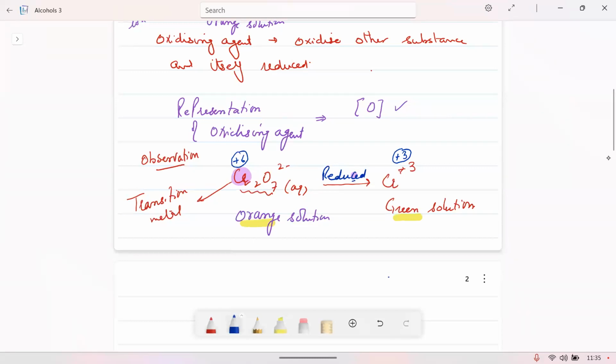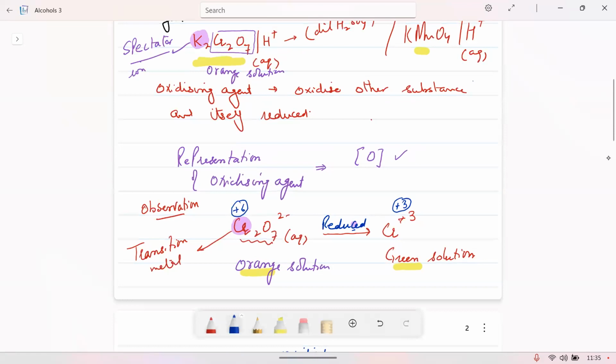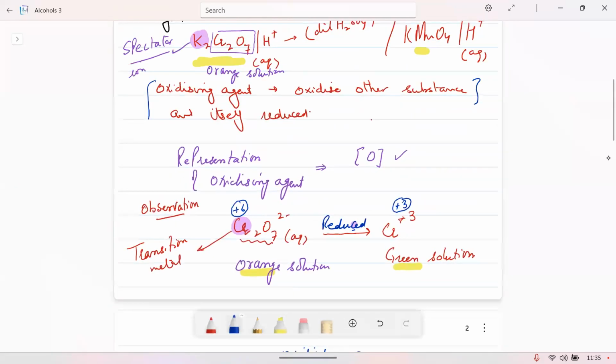So if this is being reduced, it means when you are adding this to an alcohol, the alcohol will be oxidized, and we will see what it is oxidized to. And this is the role of an oxidizing agent. Oxidizing agents oxidize others. So over here, the dichromate oxidizes the alcohol and itself is reduced to Cr+3 ion. And now you know the changes in the color also.